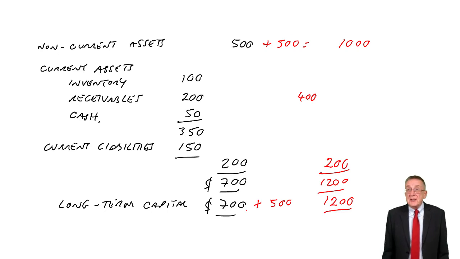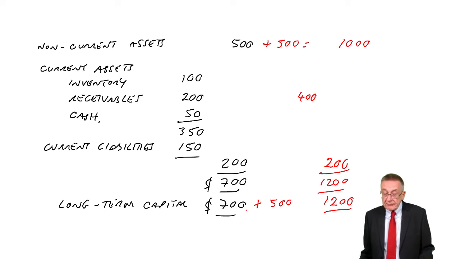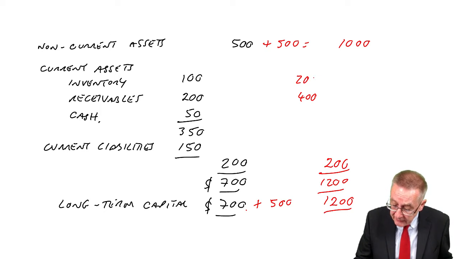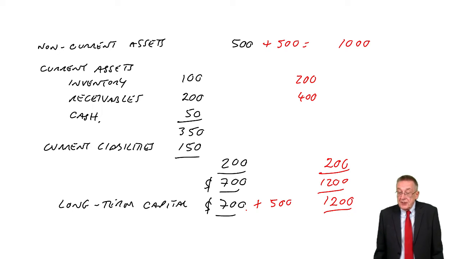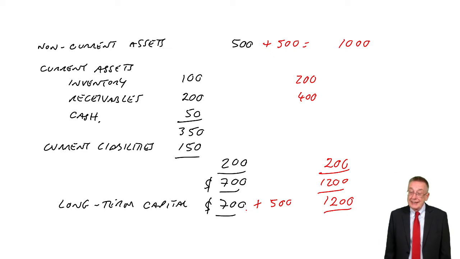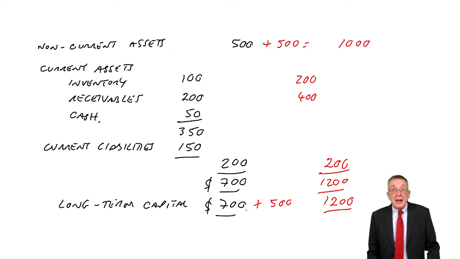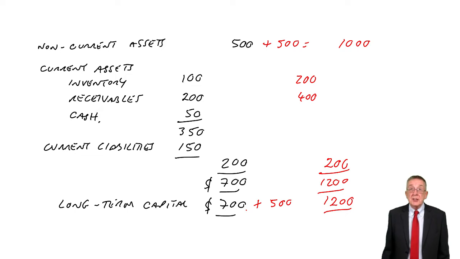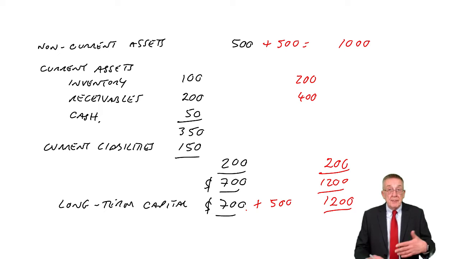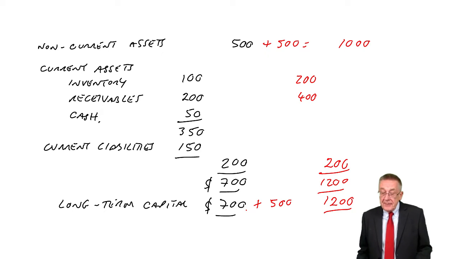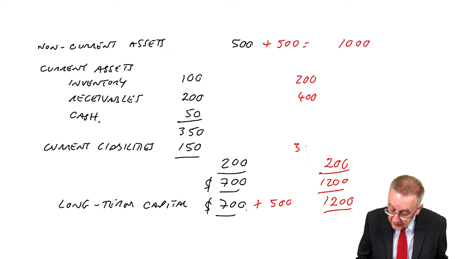Similarly, your inventory, if we're selling twice as much, I'm not going to be surprised if inventory is twice as big. We're going to need more inventory. Current liabilities. Well, if I'm twice as big, I'm going to be buying twice as much. And if I keep to the same payment period, they're going to be twice as big.